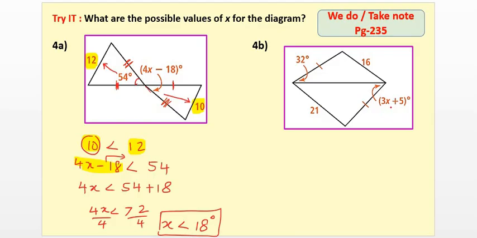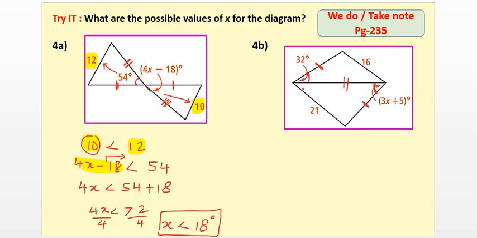Okay, if you look at the second example, it says what are the possible values of this x. Now let's start comparing the sides. This one is congruent to this one, and this one is congruent to this one because it's the common side. So both triangles have these two sides congruent, and this is the included angle.